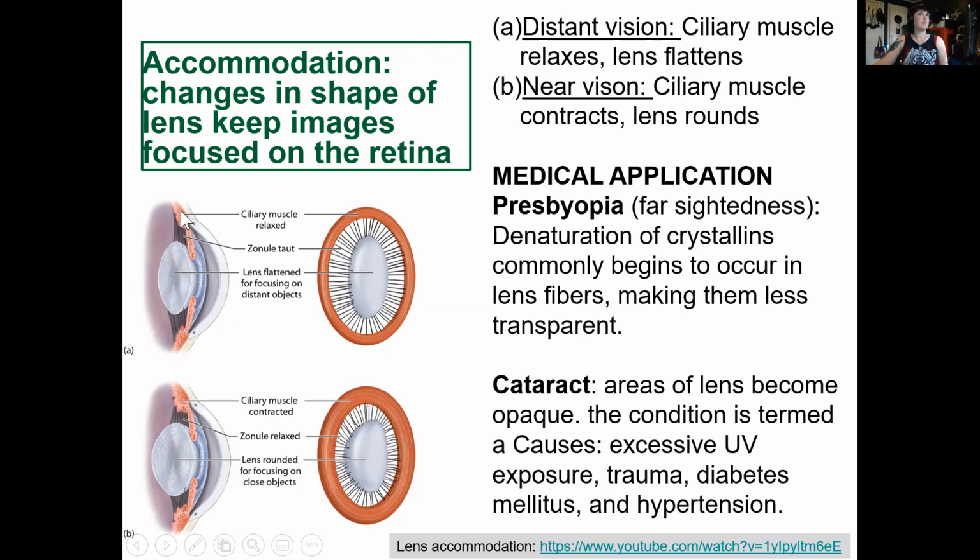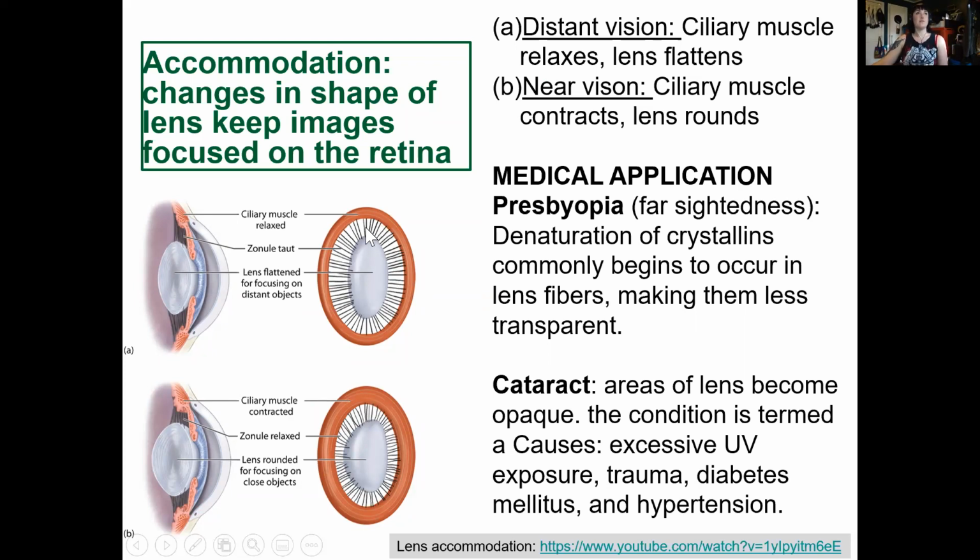There's a ciliary muscle, which is smooth muscle, and it's attached to some ligaments, which attach to the lens. So these have a fun name. They're called ciliary zonules. They're also called suspensory ligaments, so you might see them referred to as that.